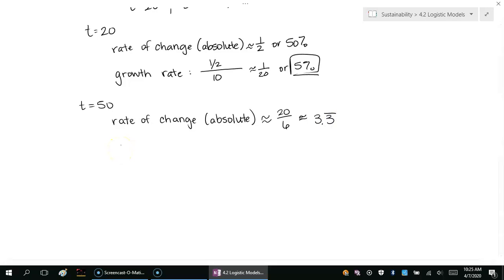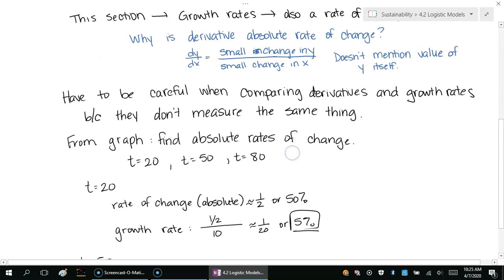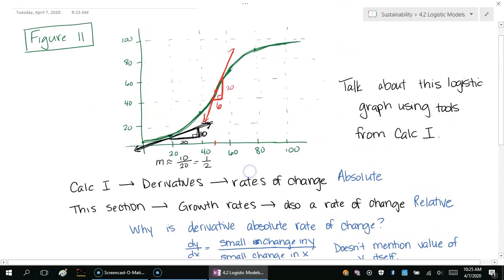Then the growth rate at that point should still be high because this is actually right when I start to feel the effect of the limits of growth. So the growth rate should still be pretty high here. And see, the growth rate is going to be our absolute rate of change divided by our quantity. So it's going to be 3.3 divided by, let's go back, see what our height is at 50.